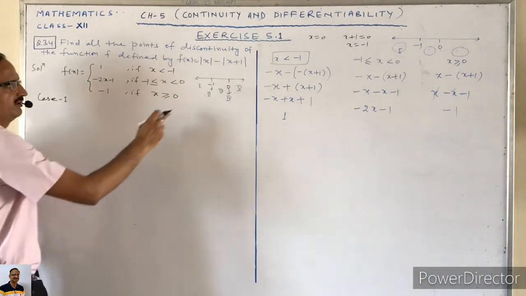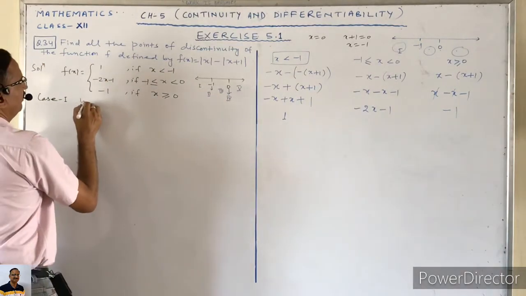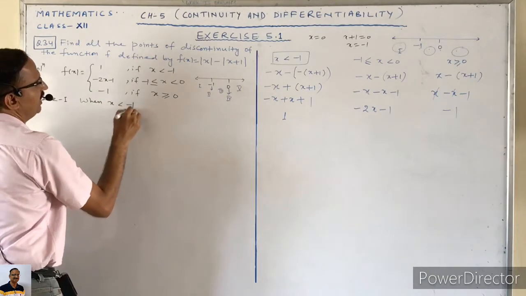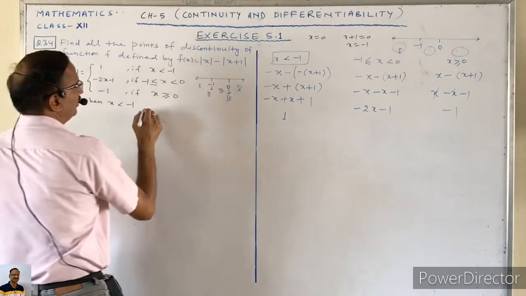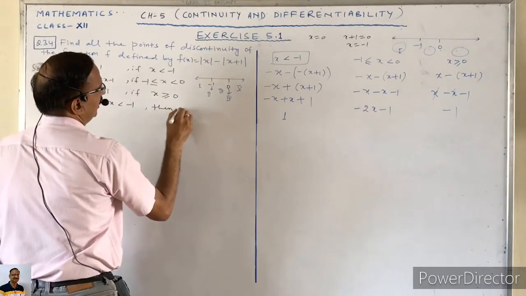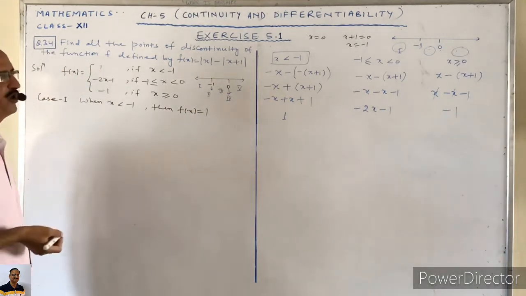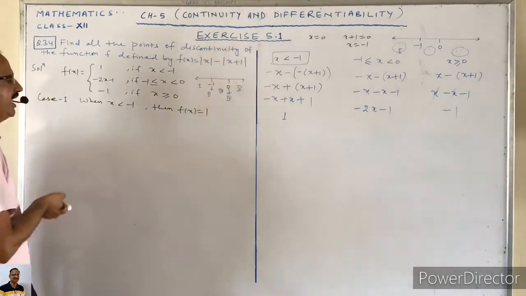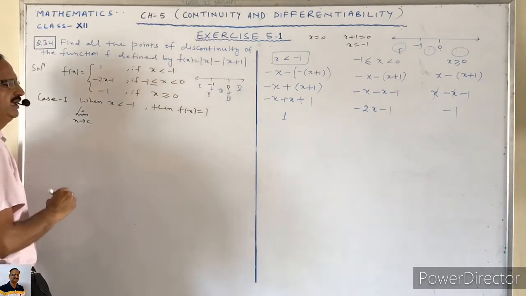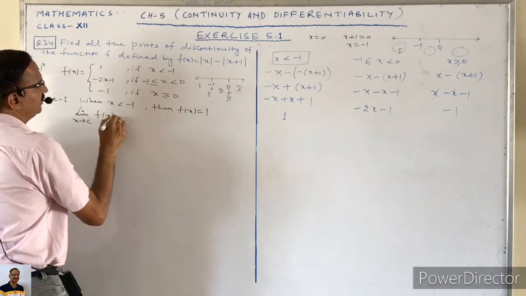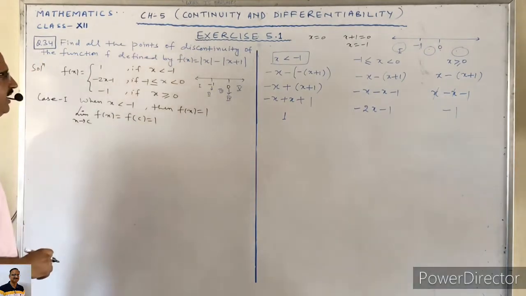Case first means when x is less than -1. When x is less than -1, then the function is what? 1. Then f(x) equals 1. So for any point c in the domain, directly we can write limit x tends to c, f(x) equals f(c) equals 1, because this is a constant function.